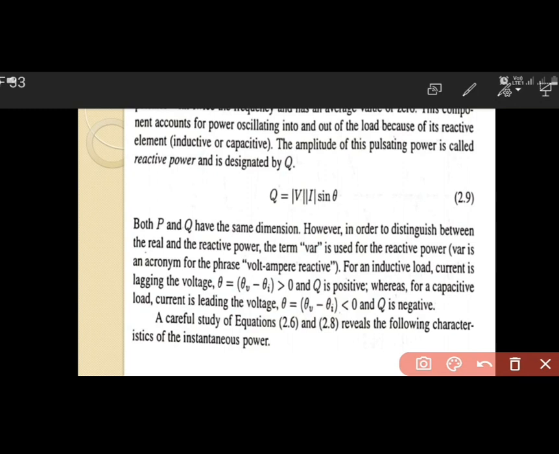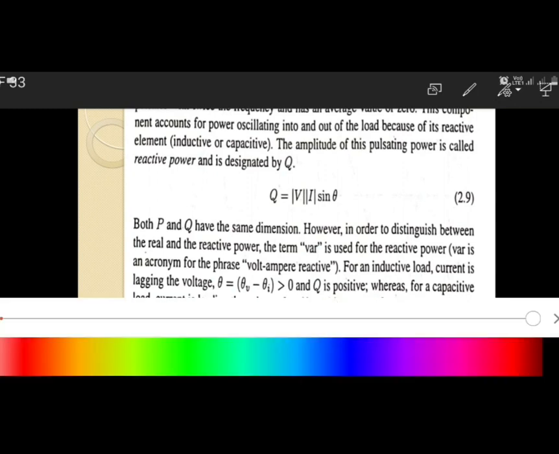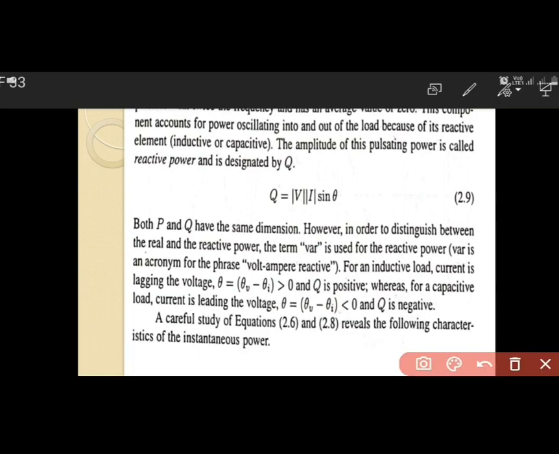Whereas for a capacitive load, the current leads the voltage by some angle, so the reactive power is negative. One conclusion from this theory is that a capacitive circuit tries to reduce the reactive power.